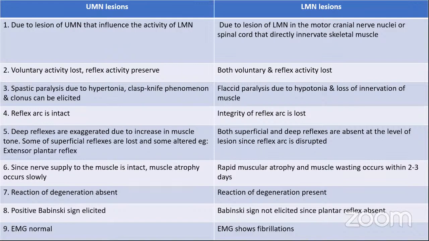The sixth point, since nerve supply to the muscle is intact, muscle atrophy occurs slowly. So the lower motor neuron that is supplying the muscle is intact, so the atrophy of the muscle is occurring very slowly.